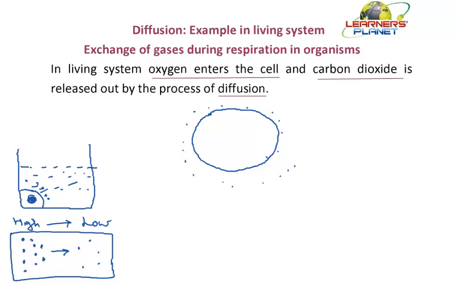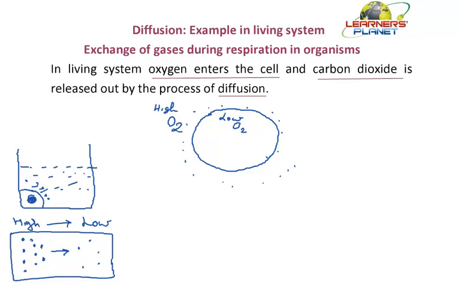So if it is in the soil, the water will form a thin layer around the cell. Now the dissolved oxygen which is present in the water in the surrounding region is definitely higher than the one which is present inside the cell.